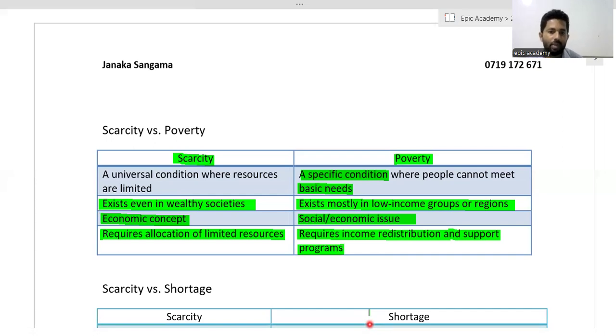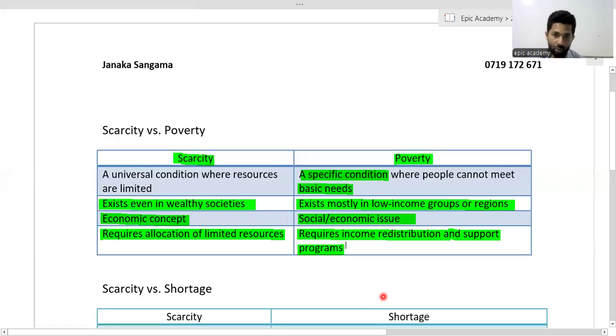They provide different types of supportive programs to people suffering from poverty in low income countries and regions. You can identify in our country also different types of programs for children and adults. Right now, you can identify the difference between scarcity and poverty.